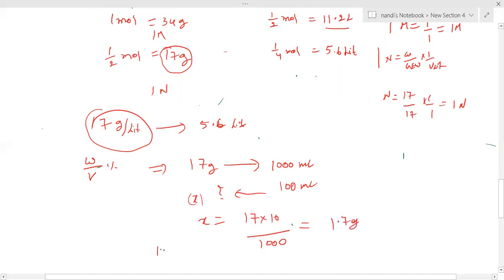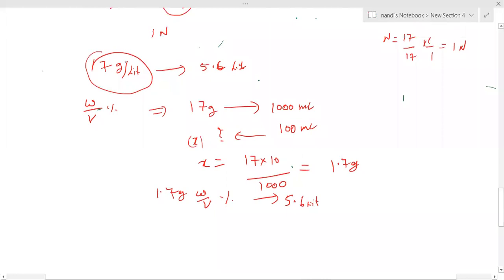So again the same thing, 1.7 grams, nothing but W by V percent, because we are expressing weight per 100 ml, which is percentage. That's also equal to 5.6 liters of O2. Very clearly mentioned, you can check it here. I calculated it for 17 grams per liter, that is nothing but strength of solution.